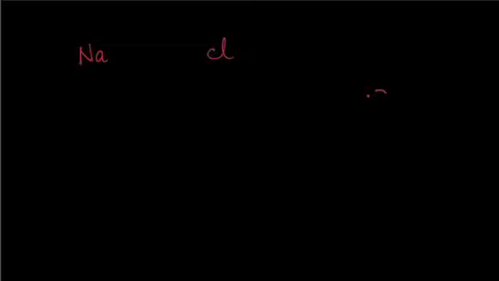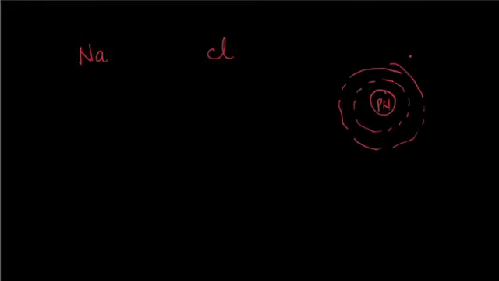There's a nucleus where you have proton and neutron, and then you have electrons in orbits like this. Somehow, if we kick off one of the electrons out, then what will happen? We say it has a positive charge. And if somehow we get an extra electron over here, we say it has a negative charge.